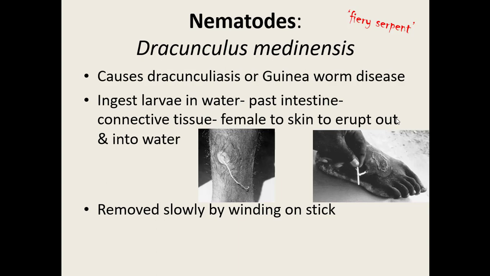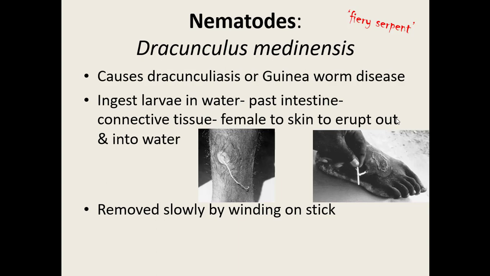It's picked up if you are walking or swimming or even drinking water that's contaminated with the larval stage. The reason why I talk about it is that as it develops into an adult worm, it tries to come out of the body. This is not an intestinal worm. The adult worm wants to come out of the body through the skin.